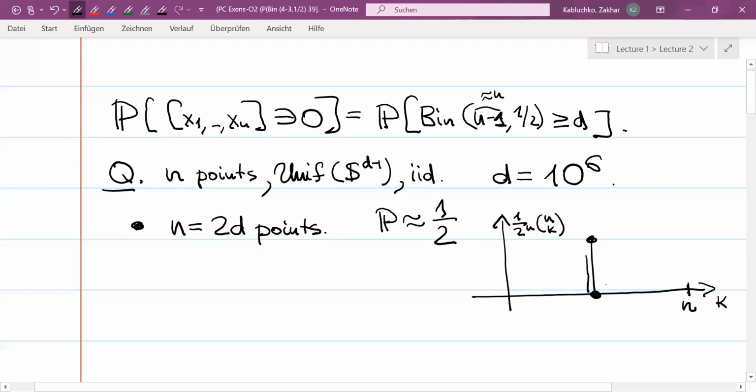And it satisfies the central limit theorem, which means that we have here a Gaussian curve and then very, very small probabilities here. So it's the visualization of this binomial distribution. And now we're interested in the probability that it is larger than d. Now, if n is equal to 2d, then this middle point, n/2, is exactly d. So in our situation, it is exactly d.